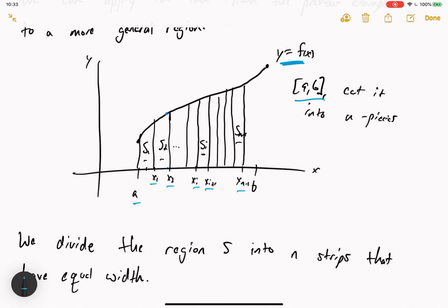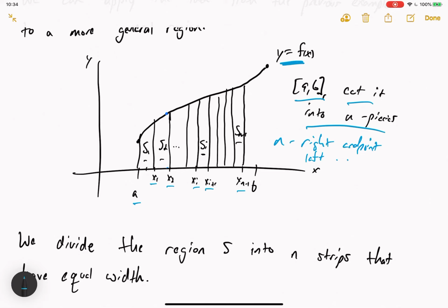And we're going to cut it into n pieces. And this is where we get n plus 1 points. What this gives us is either n right endpoints or n left endpoints. But the point is that the endpoints correspond to these values right here.